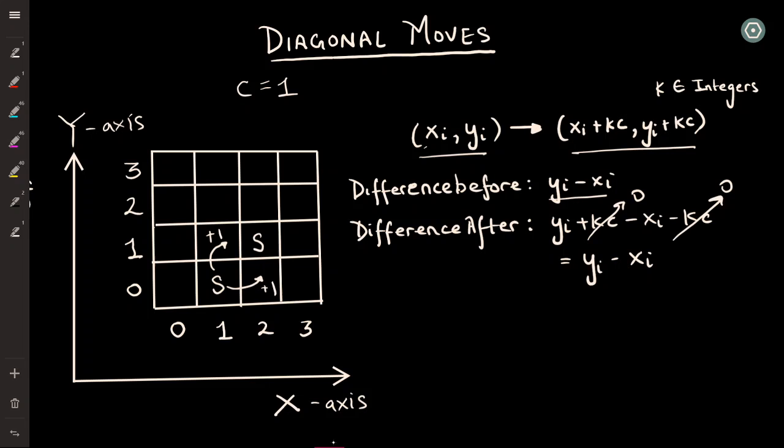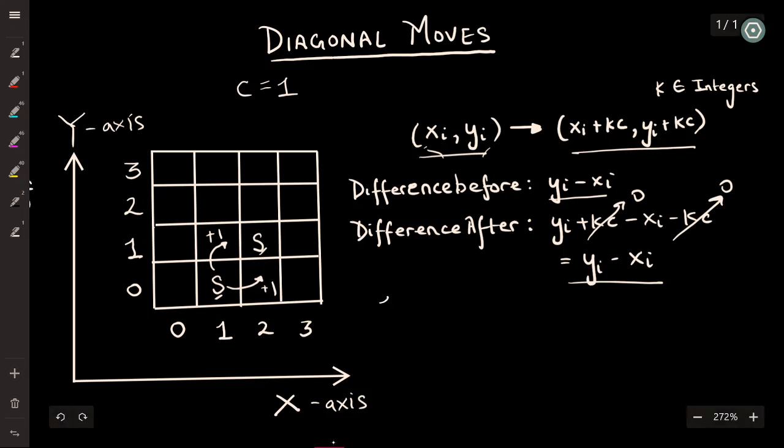So the difference before was yi minus xi between the ordinate and the abscissa, and afterwards the difference is yi plus kc minus xi minus kc, where kc gets cancelled out, which is yi minus xi again. So the difference doesn't change. Through this grid example we can see why: after this move, both the ordinate and the abscissa climbed by 1, and because of that, the difference remains the same.